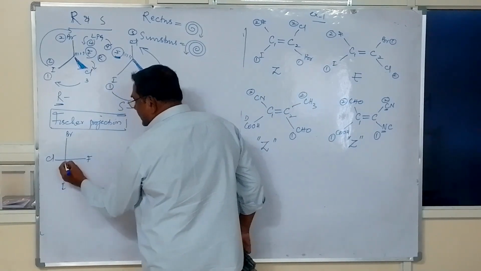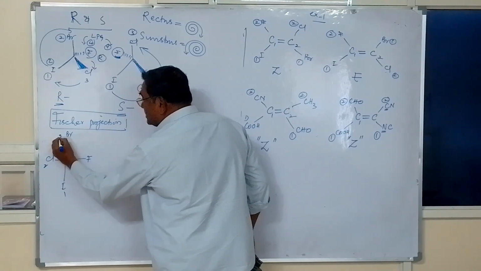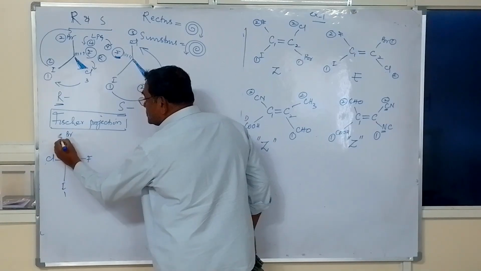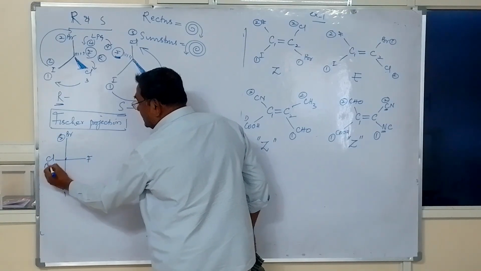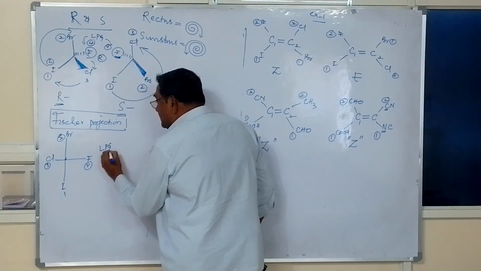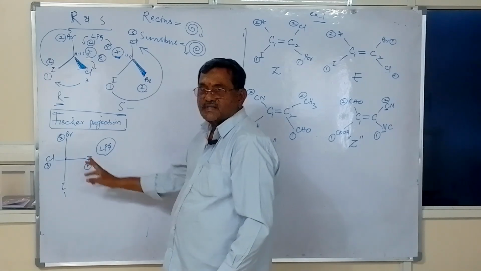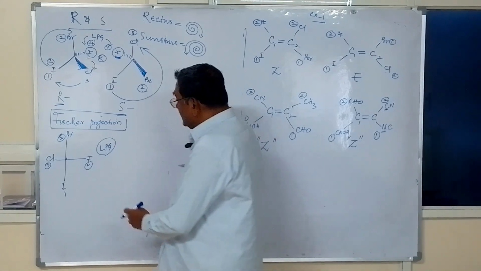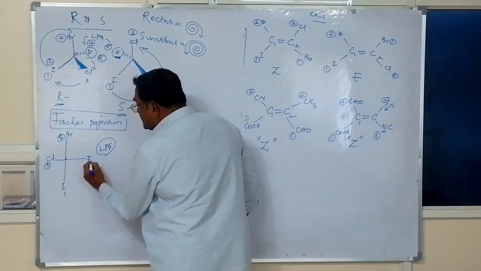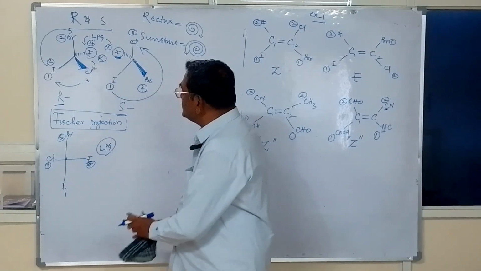Let's give the priority of the groups. It's a chiral center. 1, 2, 3. This is the order of priority. See, when we have written, the LPG comes on horizontal line. What is that? The least prior group comes on horizontal line. What have I done, children? I have taken this only.